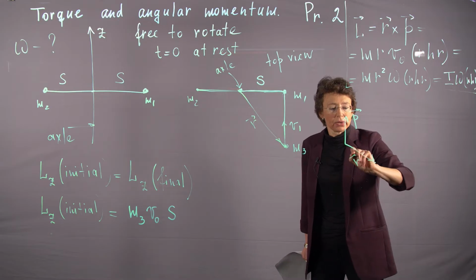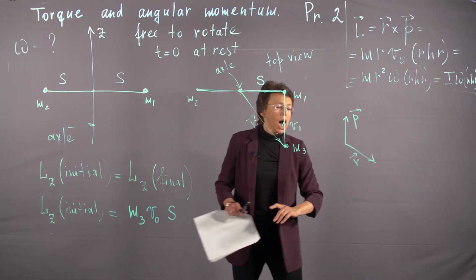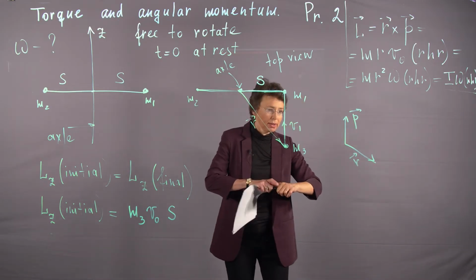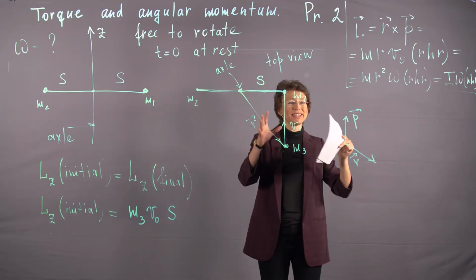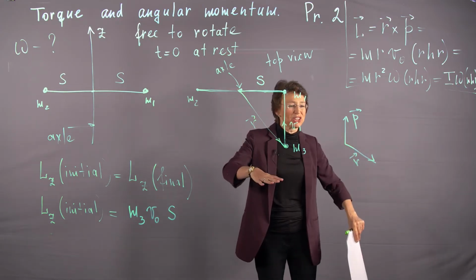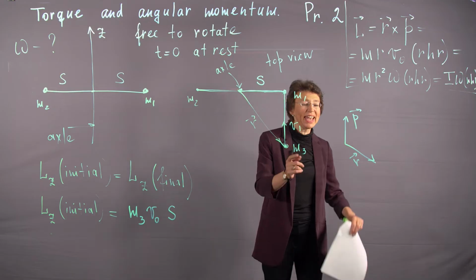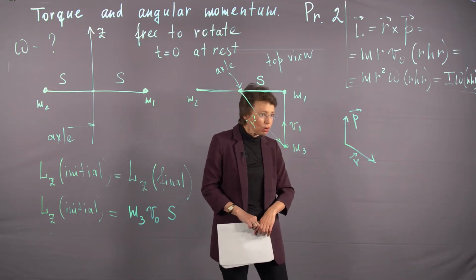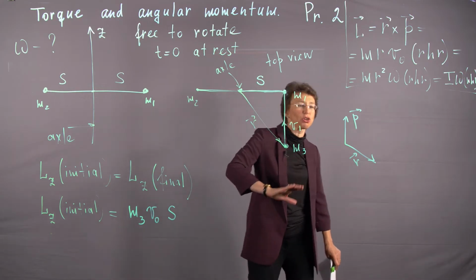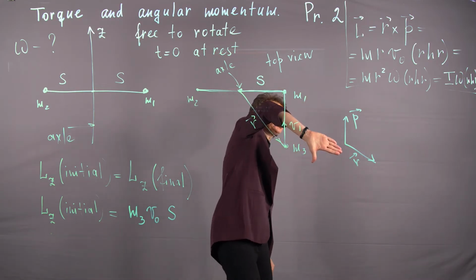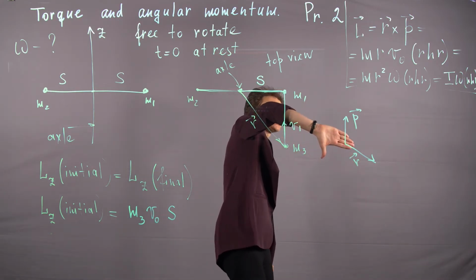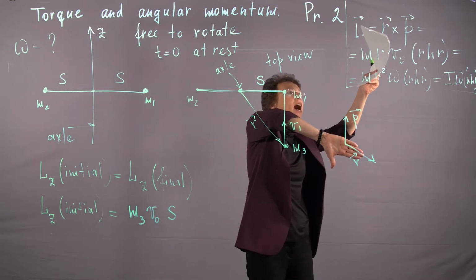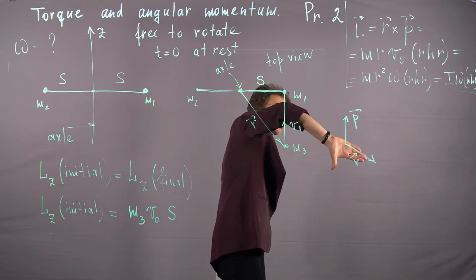This is R. So from R to P. Now, since you see my mirrored image, I need to use my left hand, which is quite funny. You use your right hand. You put your right hand with your fingers along R. It is R cross P. You cannot change the order.